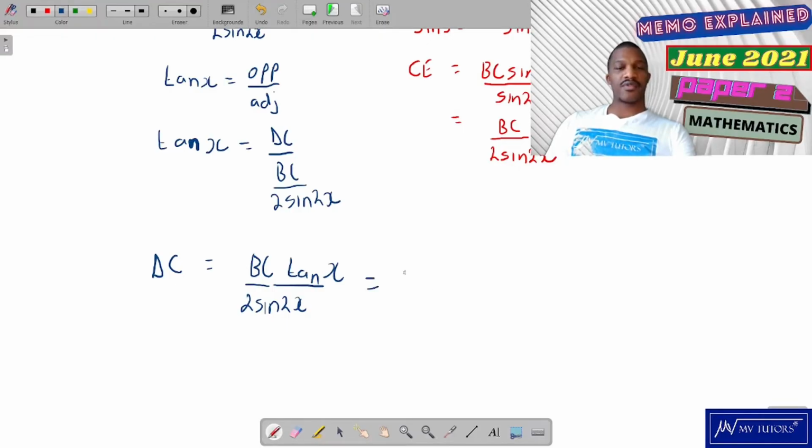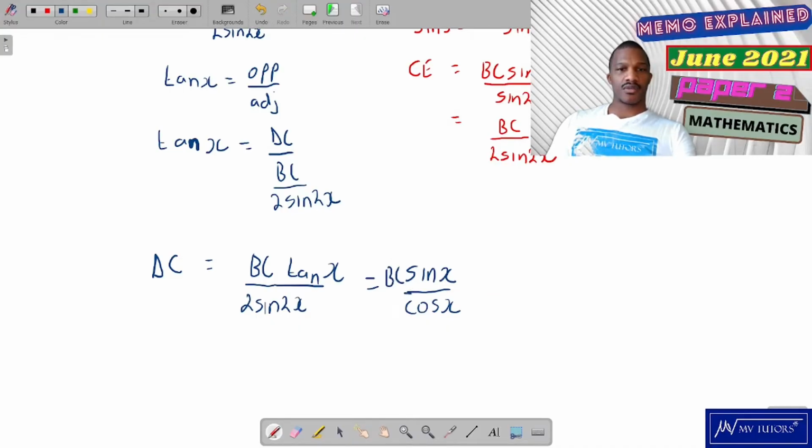And then tan, remember you can always write tan as sine x divided by cos x. Okay, and then we've got BC over here. Let me write it on the other side.